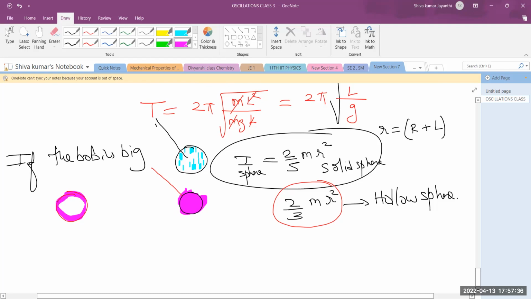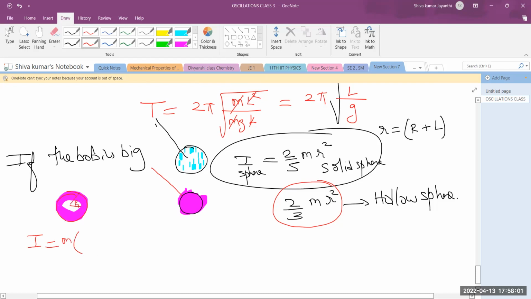It will have something like this, like your annular. It's called annular sphere. So a little bit of solid and a little bit hollow inside that. For that, there is a formula. The moment of inertia is given as m into, see, these are two radius, no?